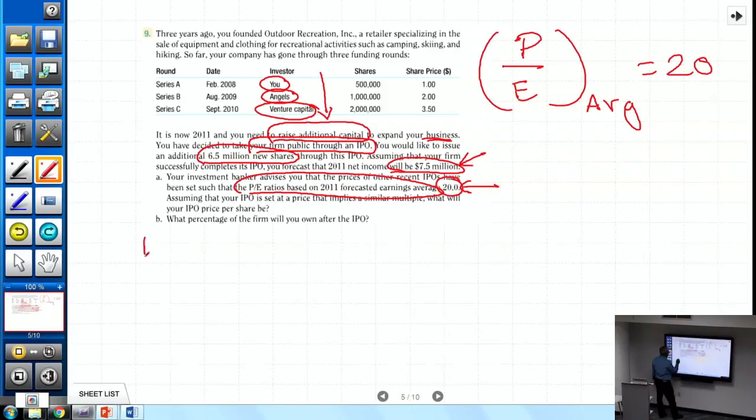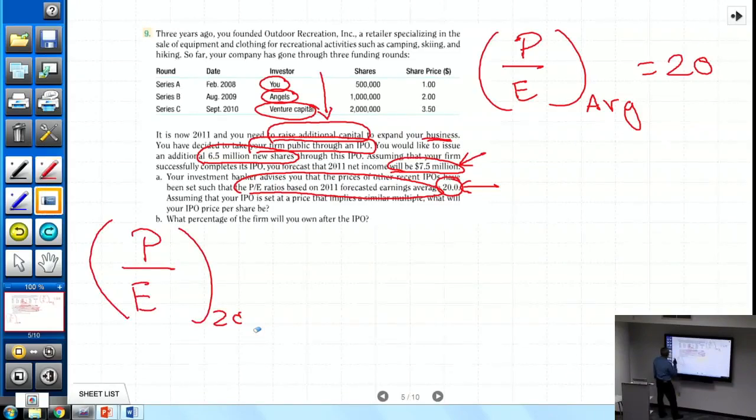So that means P over E for 2011 will equal the historic average of 20.